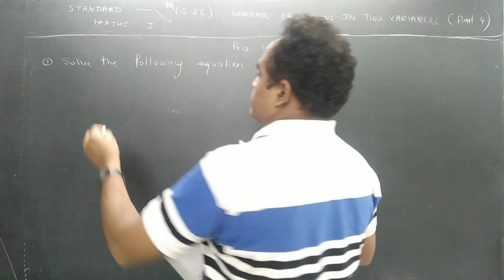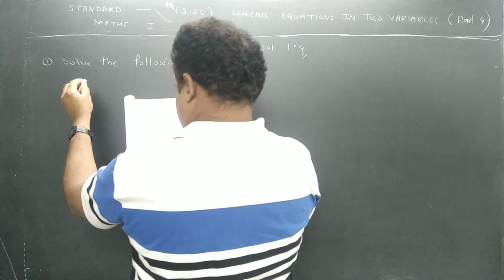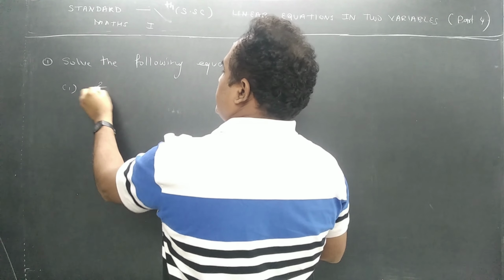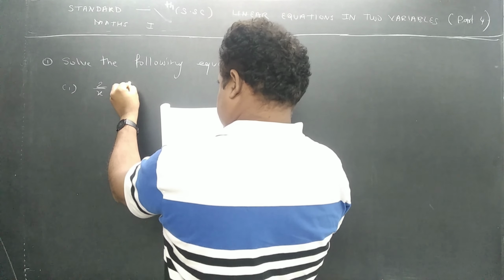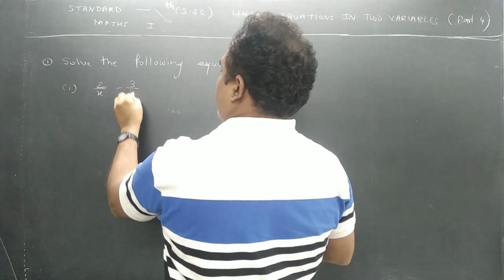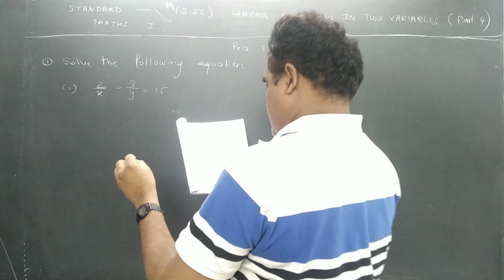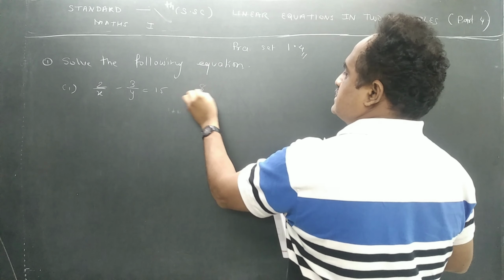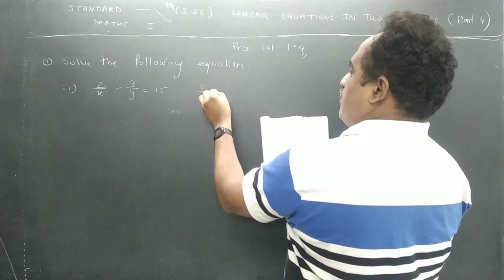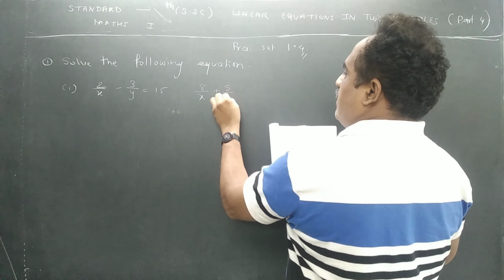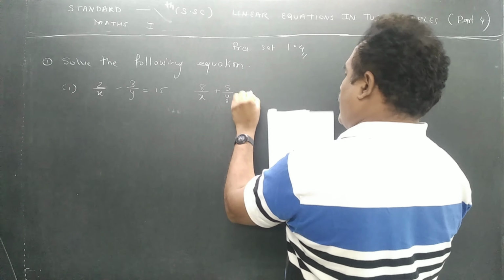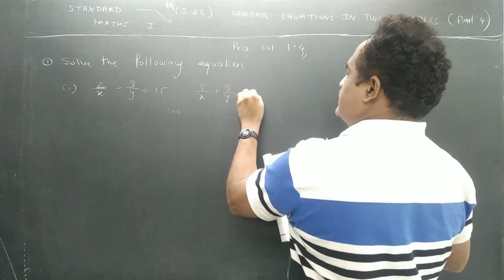Okay, see the first question they have given: 2 by x minus 3 by y is equal to 15 and 8 by x plus 5 by y is equal to 77.